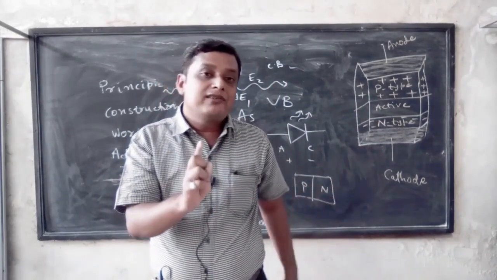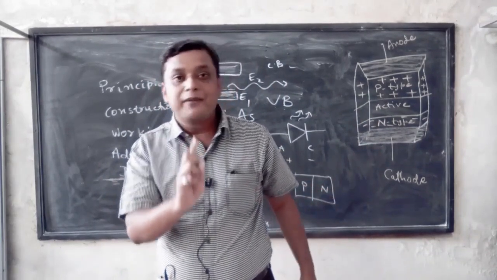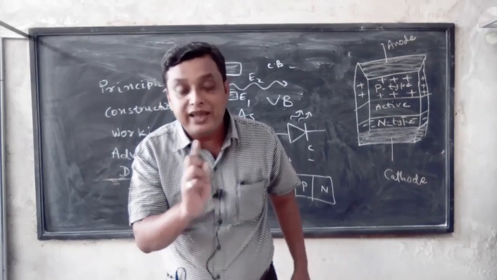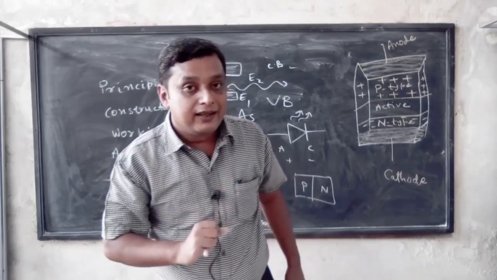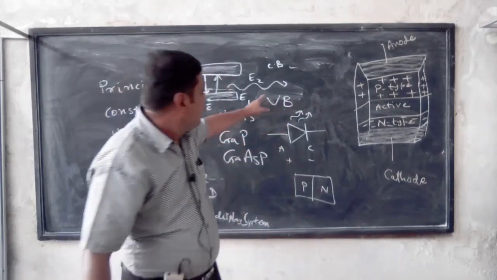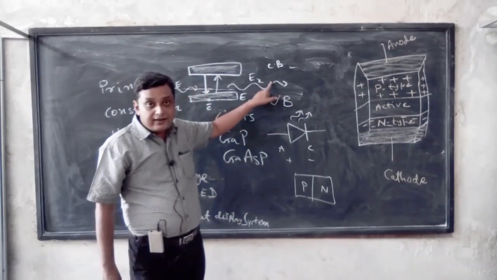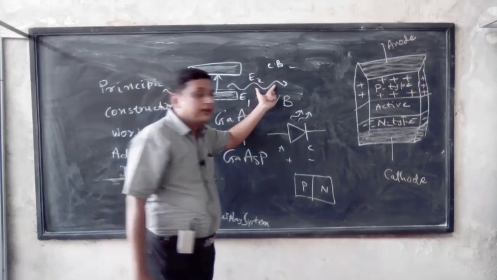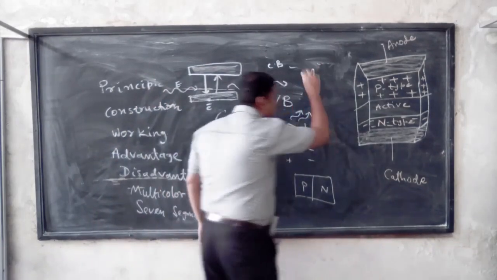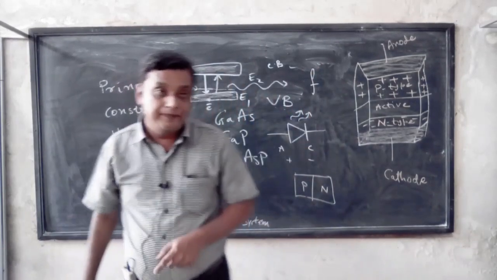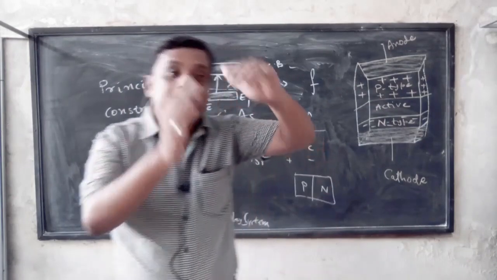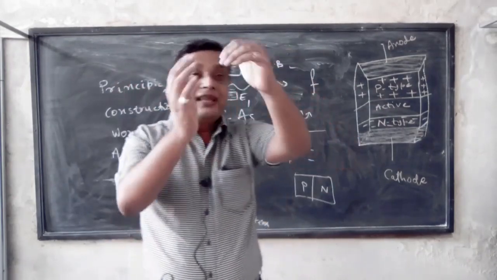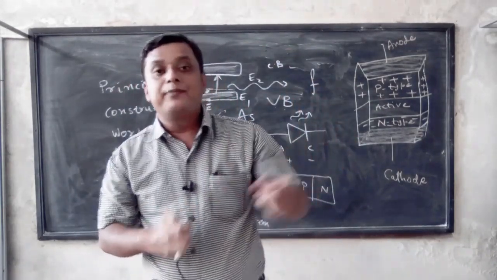My original question is, why can silicon and germanium not be used to fabricate an LED? The answer is this. This is the light energy, and this energy should have a frequency in the region of visible light.